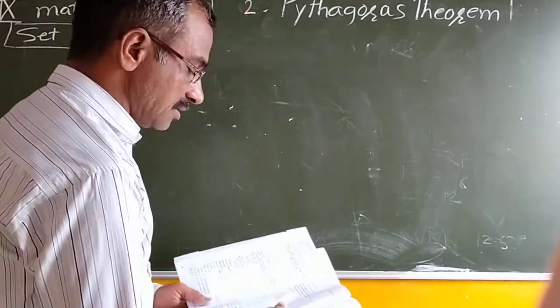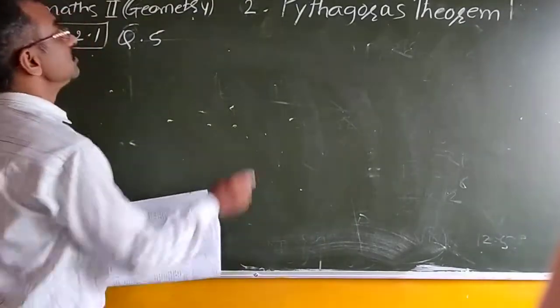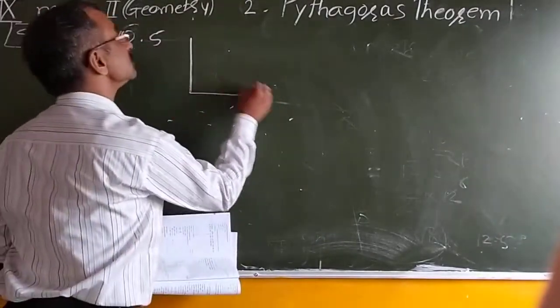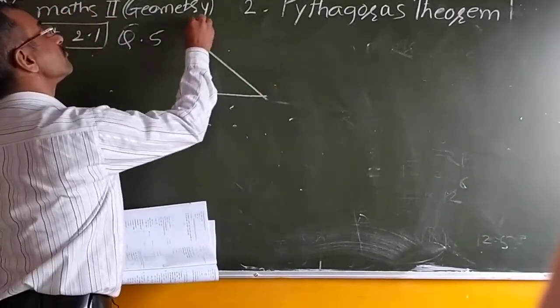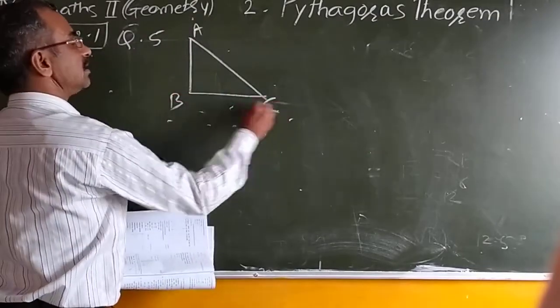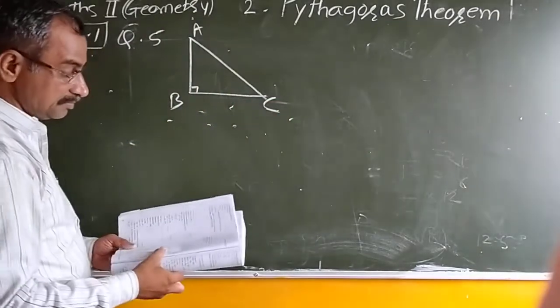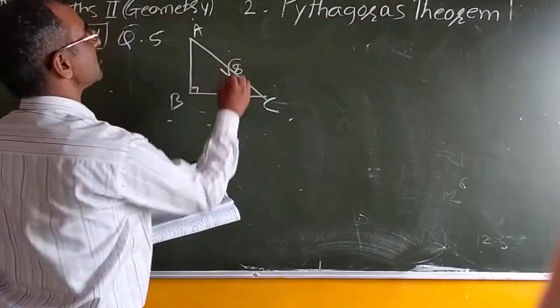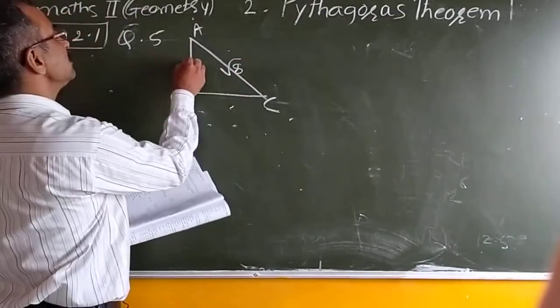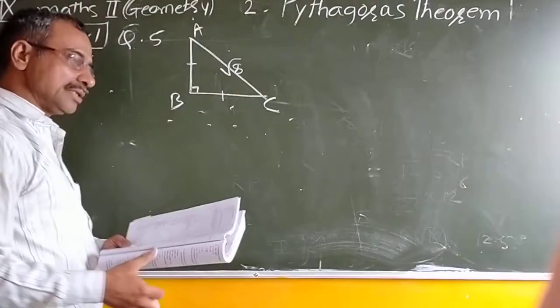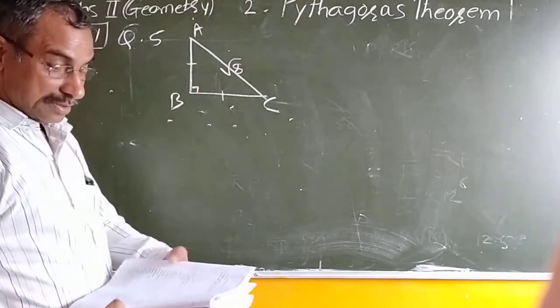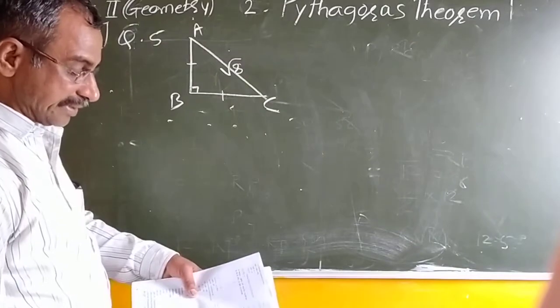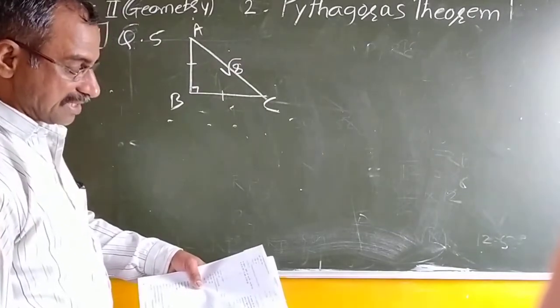Here is also a diagram based question. Triangle ABC is a right angle triangle. The hypotenuse is given as a root, and these two sides are both equal. Then do the activity. Some blank spaces are given.